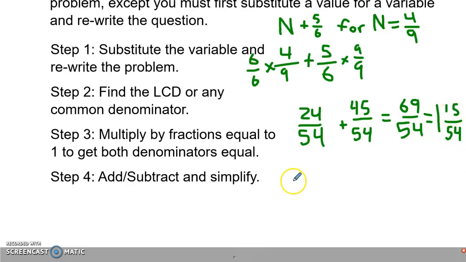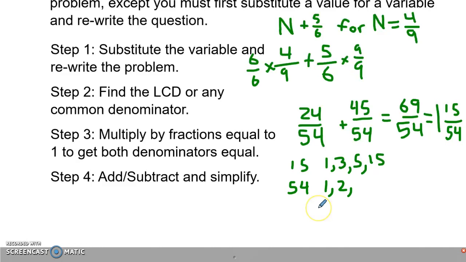Well, what are the factors of 15? 15 is going to be 1, 3, 5, and 15. 54 is going to be 1, 2.